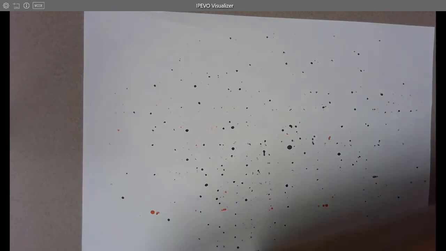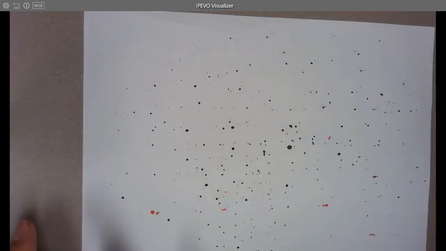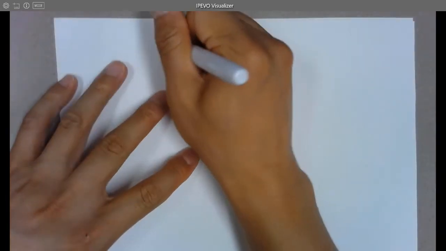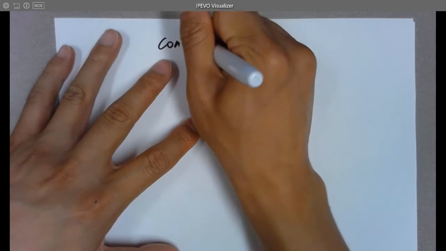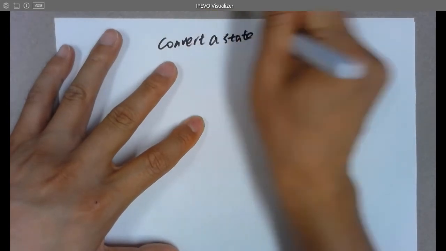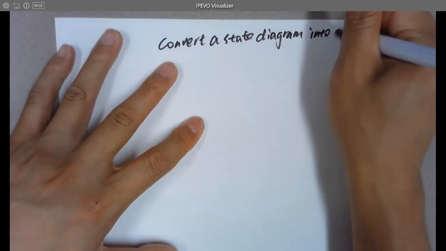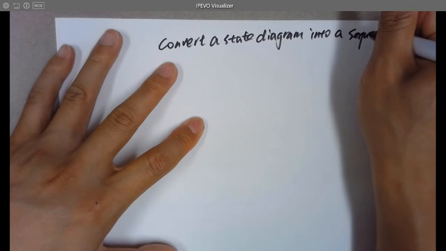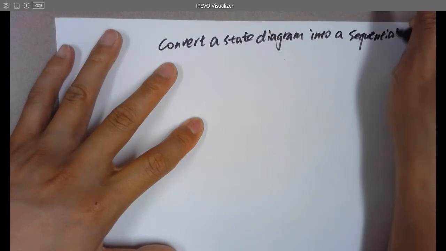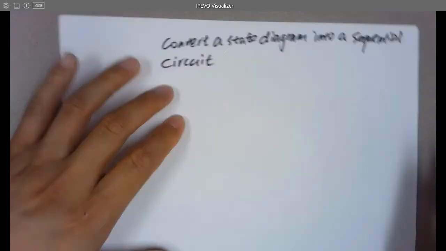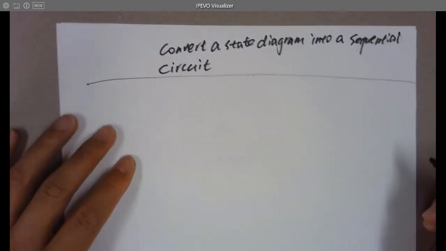And the next example, we are trying to convert it backwards, which means we're going to convert a diagram into a sequential circuit. That's what we are going to do.